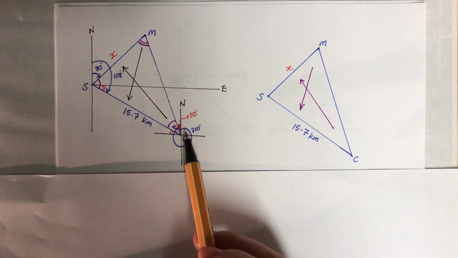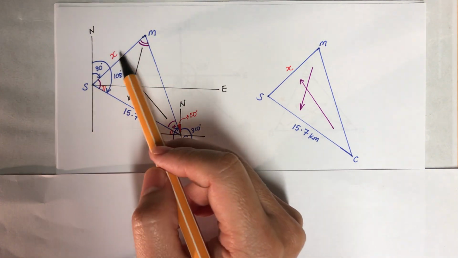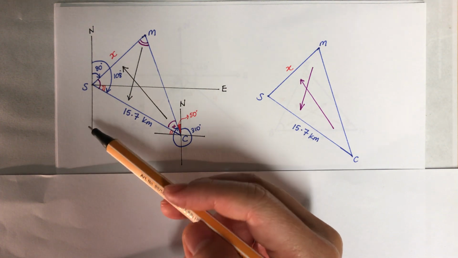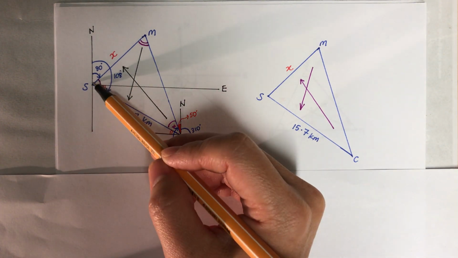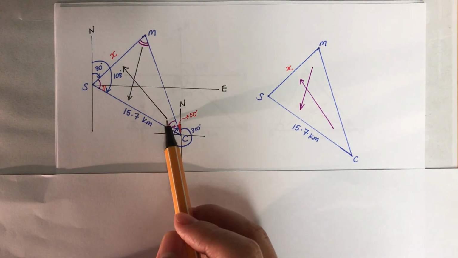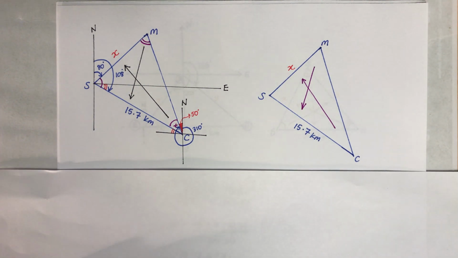Now, to find this distance, how far has the motorbike travelled from the station? So that's what this is. And I'm trying to match up, remember? Trying to use the sine rule if you can.